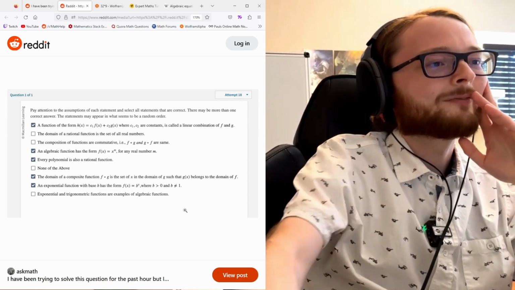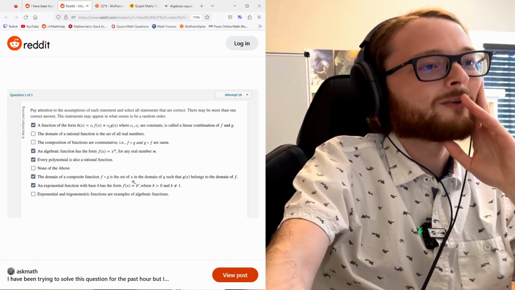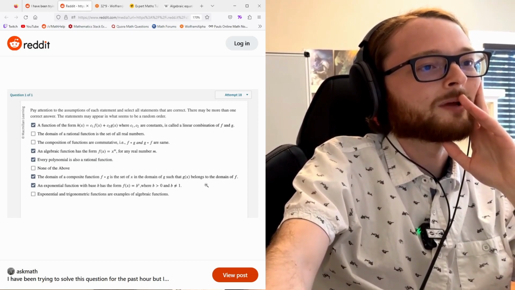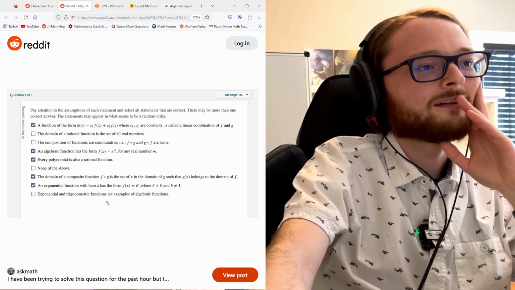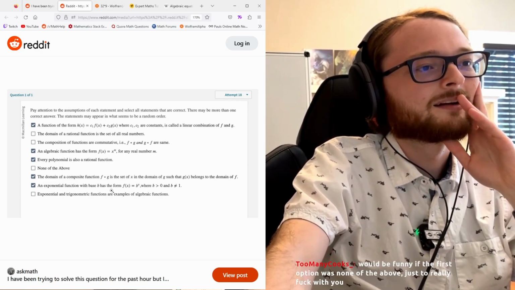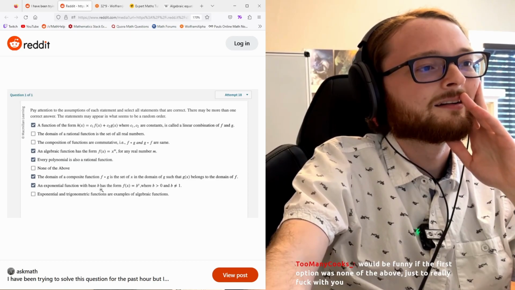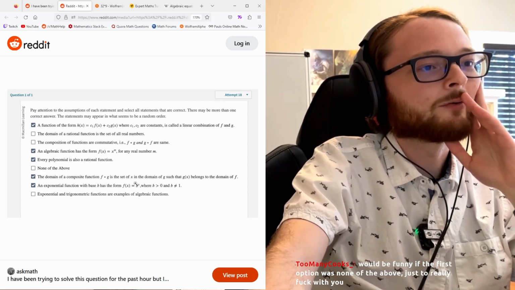the domain of a composite function f of g is the set of x in the domain of g such that g of x belongs to the domain of f. Yeah? Well, wouldn't this one, it should have a constant in front of it, right?